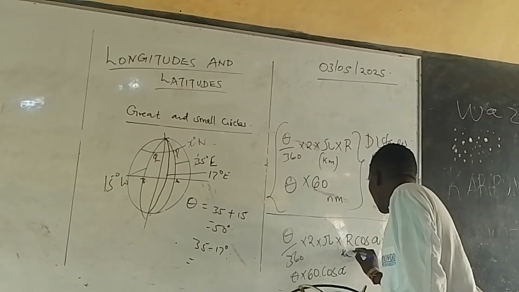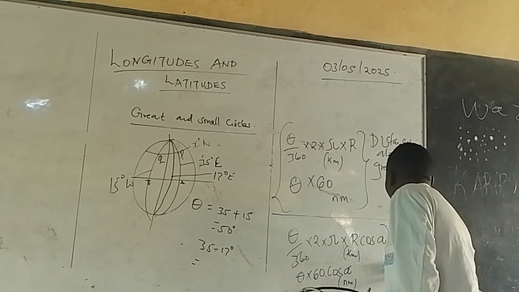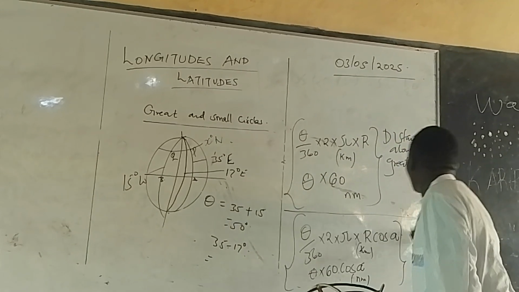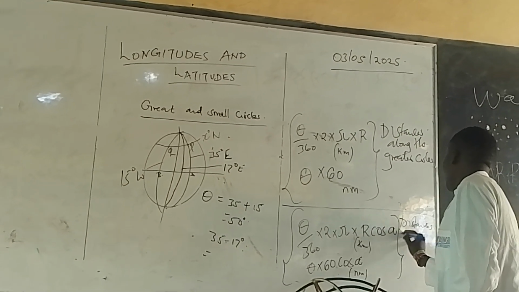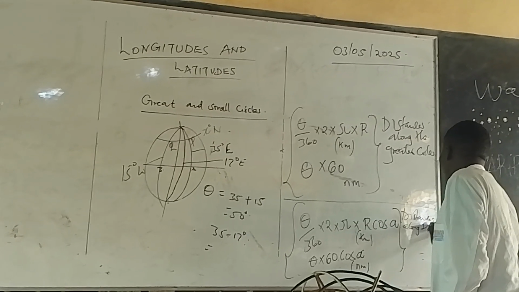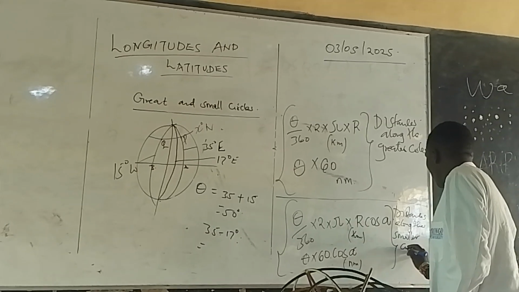So here it is in kilometers and here it is in nautical miles, while these are distances along the smaller circles.